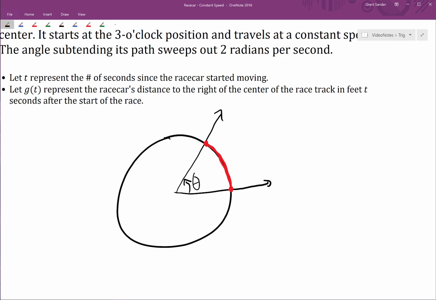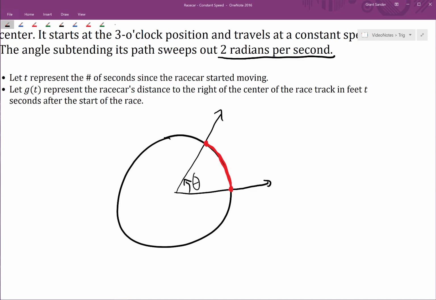So since the race car travels at a constant speed and the angle sweeps out 2 radians per second, what this means is each second that passes, that angle sweeps out 2 radians. Or a better statement would be, for any number of seconds that elapse, the angle sweeps out 2 times as many radians. So like if 1 second has elapsed, the angle sweeps out 2 radians.